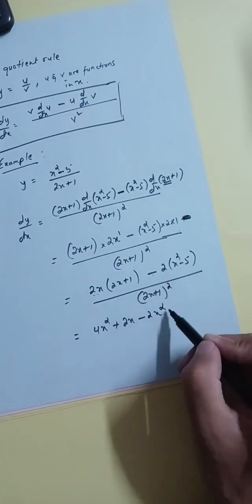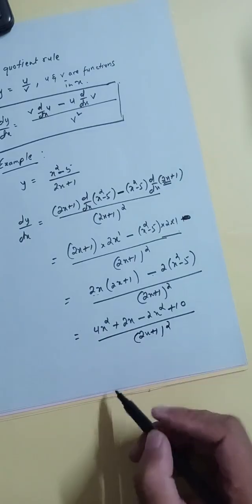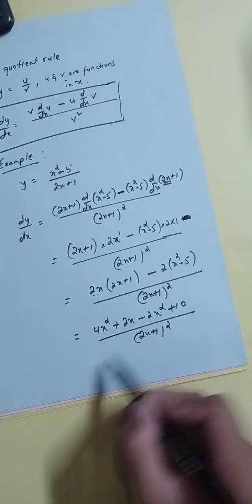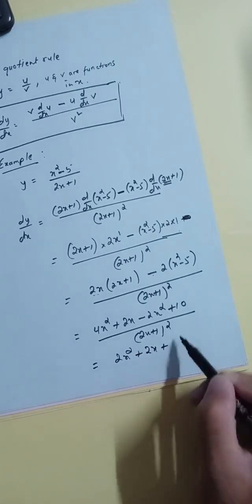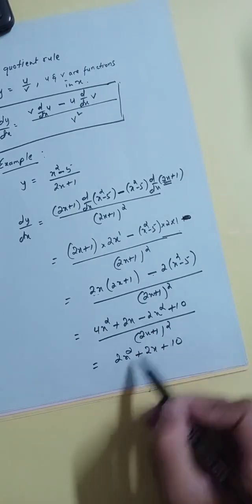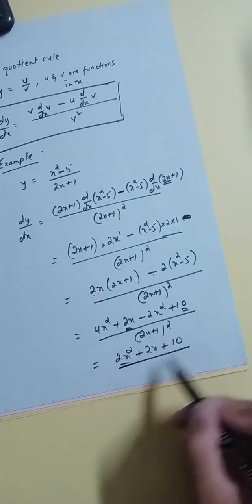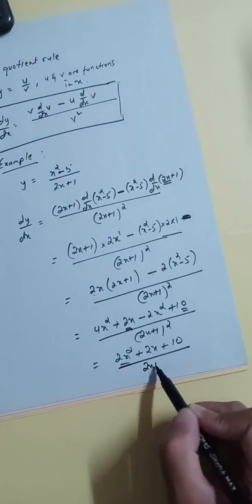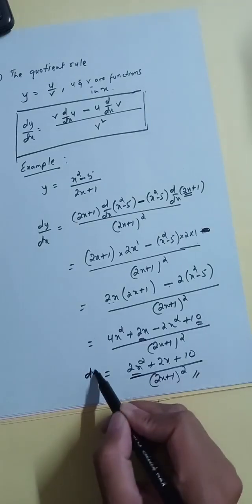Minus 2 times minus 5 is plus 10, divided by 2x plus 1 whole square. Now 4x square minus 2x square is 2x square, I have 2x here and 10, whole divided by 2x plus 1 whole square. So this is your derivative dy over dx using the quotient rule.